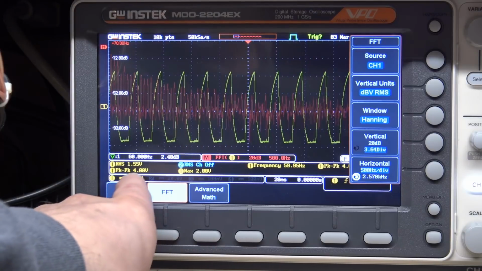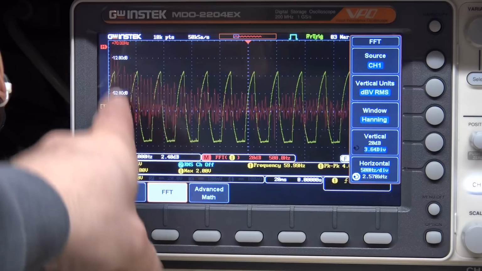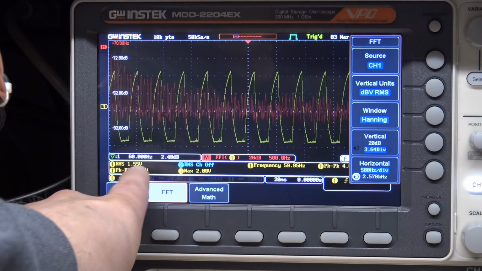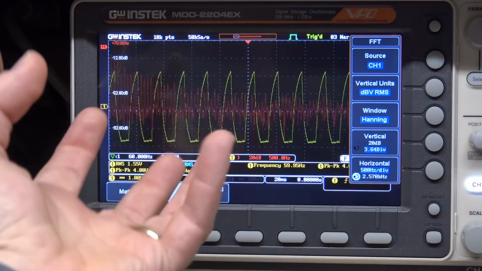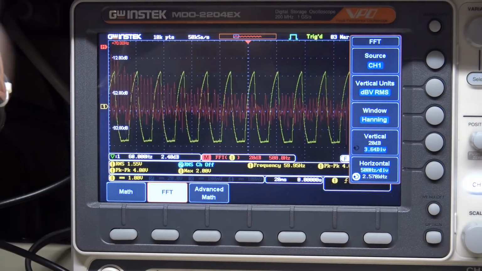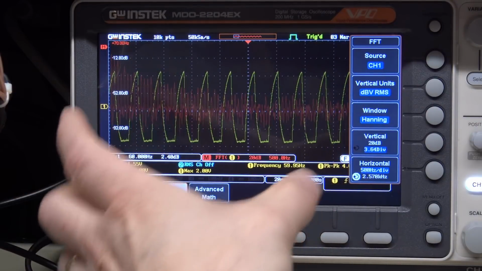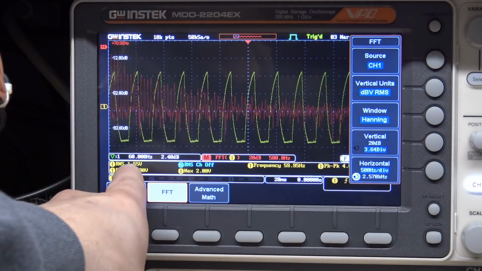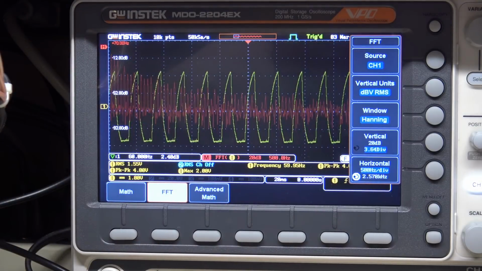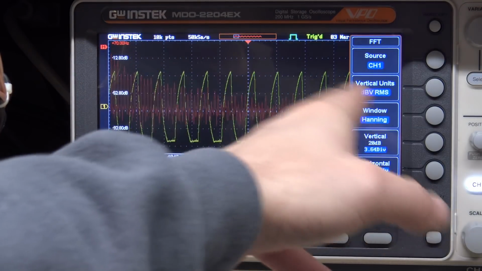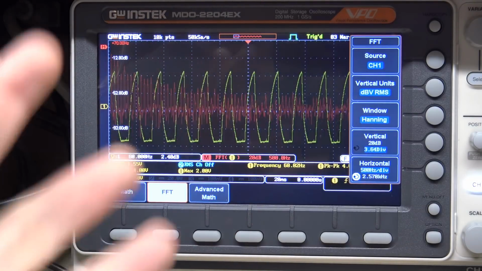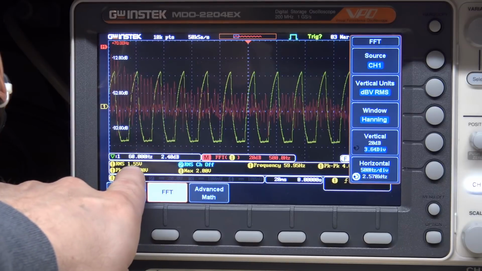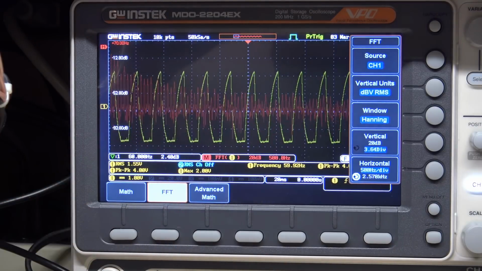And that's what we're doing when we're doing the RMS. It's actually looking at this information and calculating it based on this. And the more samples you take, and the further you take the math on this, the more accurate the RMS value will be when it calculates it. Because you're taking a finite amount of samples and so forth, sometimes it may not be absolutely perfect, but it'll be very, very close.